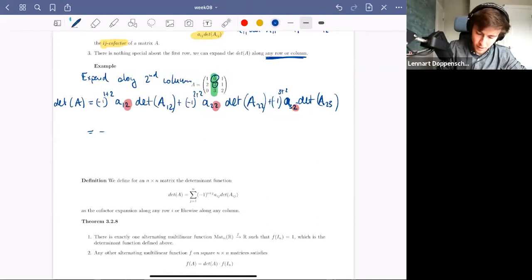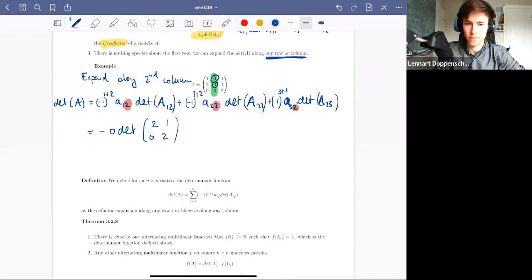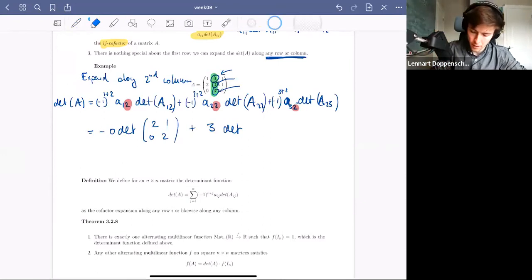So this will be -0 times the determinant of 2102. This is the minor. You can just follow along and practice minors again. Then we have a plus. The second entry is 3. That's this 3. Times the determinant of the minor, and then we strike out the middle column and the middle row. So we get the determinant of 1102.